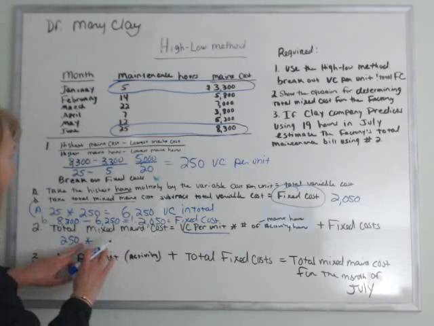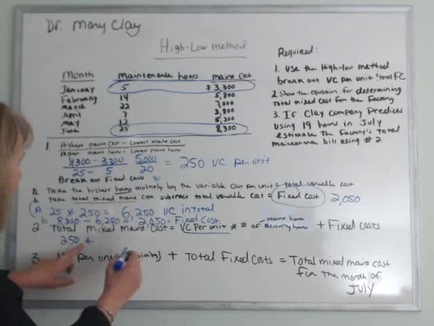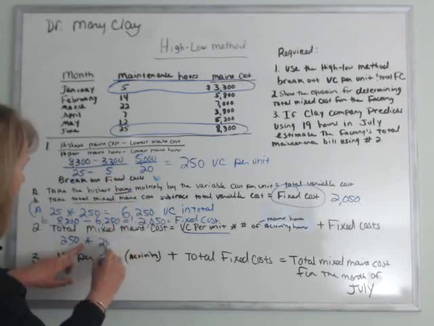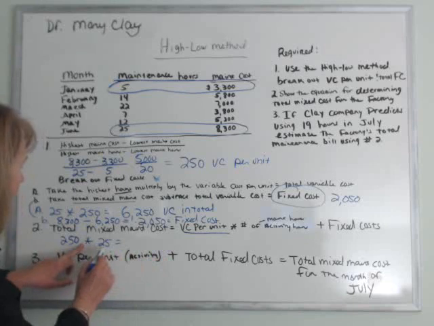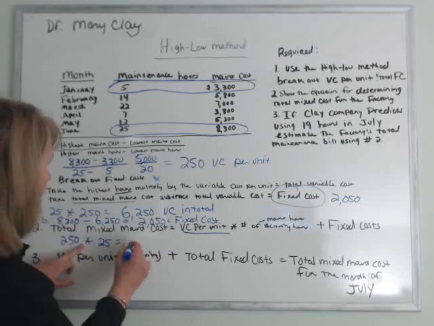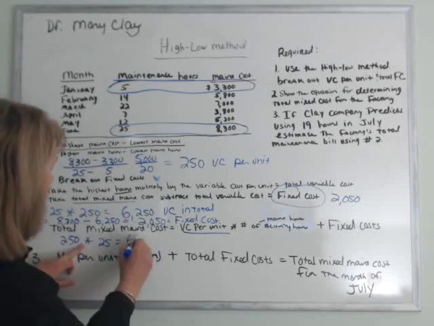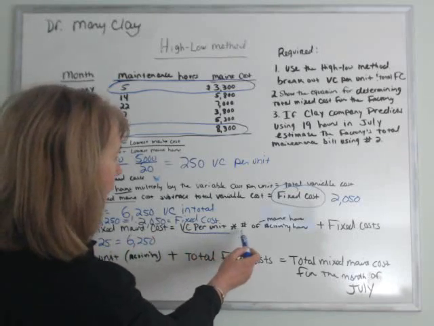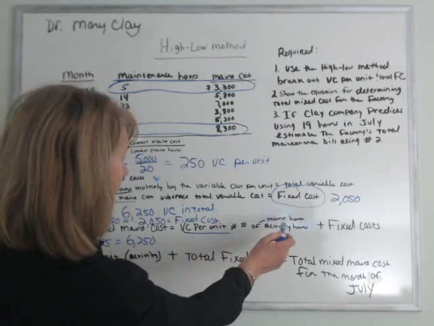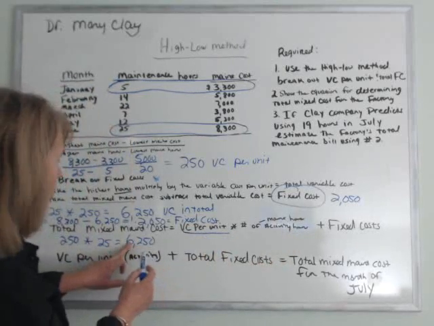The number of activity hours, and I'm going to use the high, was 25. So 250 times 25 gives me 6,250.